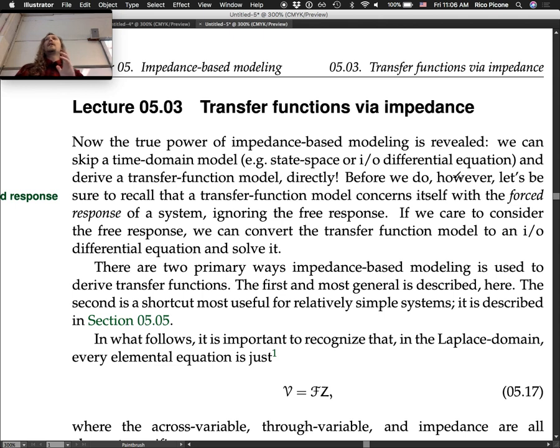In the past, we found transfer function models by transforming an input-output differential equation or a state space model to a transfer function. But these impedance-based modeling techniques allow us to do that directly without having to go through those time domain models, which is actually pretty handy in certain cases.